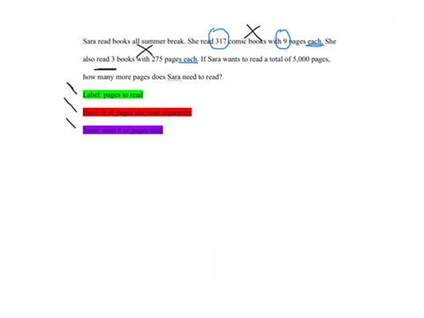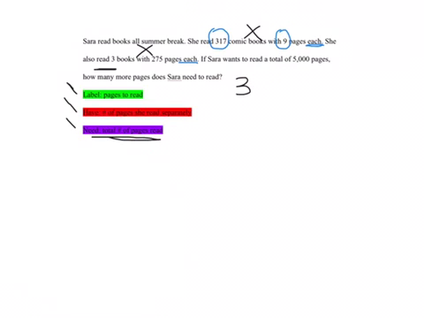Okay, so now I'm going to solve this problem step by step. In order to solve it, I need to find out the total number of pages she has read. So the first thing I'm going to do is find out how many comic book pages she read.